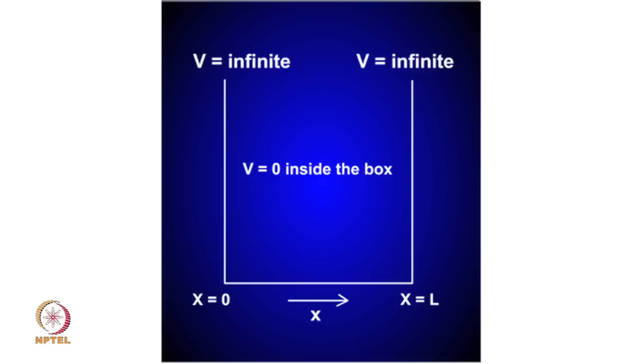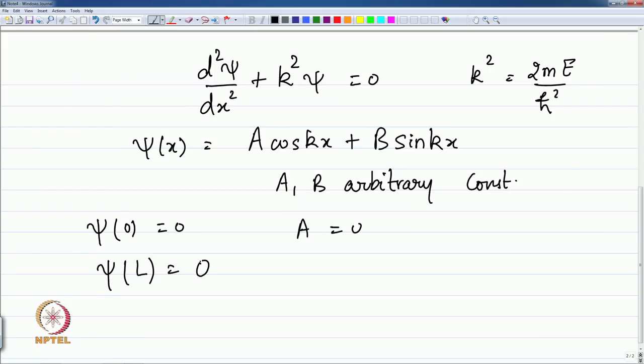Therefore, we have ψ of L is 0, which implies that since a is already 0, ψ of x is b sin kL, and that is equal to 0.